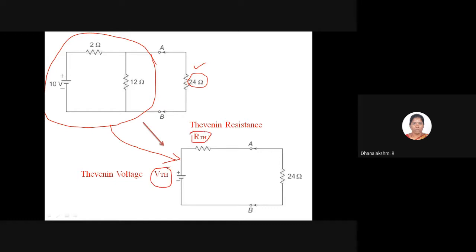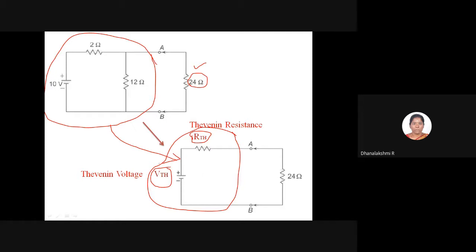This is called the Thevenin's equivalent circuit, consisting of a single voltage source in series with a resistance. Any linear circuit can be reduced this way. That is the idea of Thevenin's.